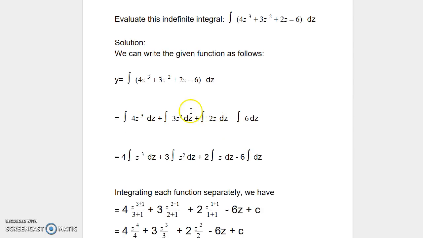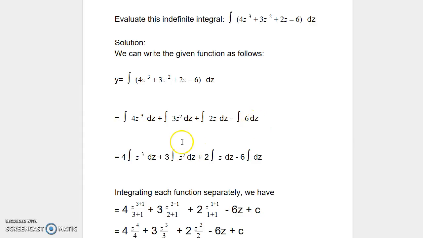We can apply this integration process to every one of the terms. So this is the way we can write it. The first term, integral 4z cubed dz, plus integral 3z squared dz, plus integral 2z dz, minus integral 6 dz.